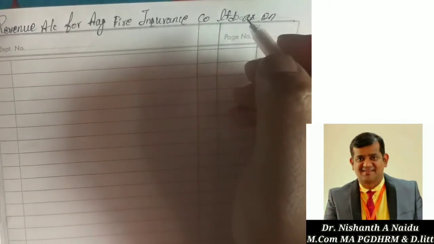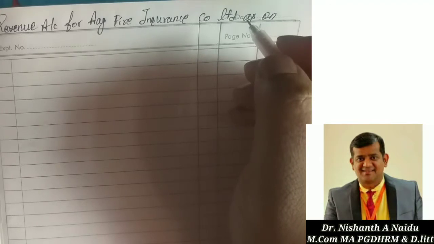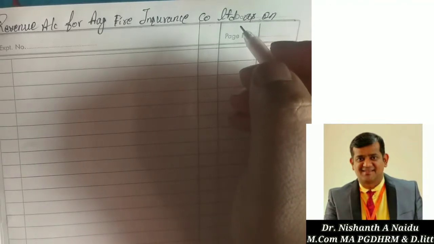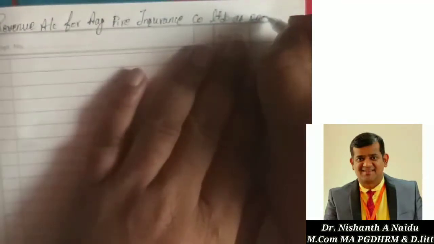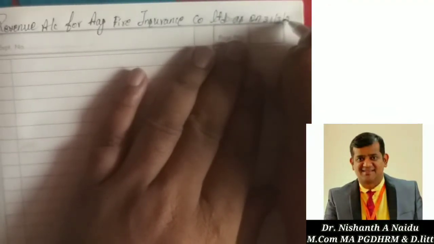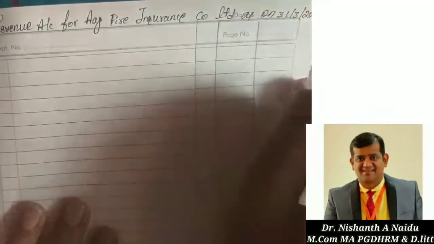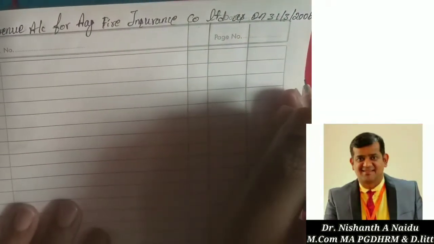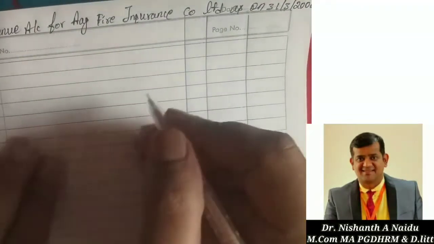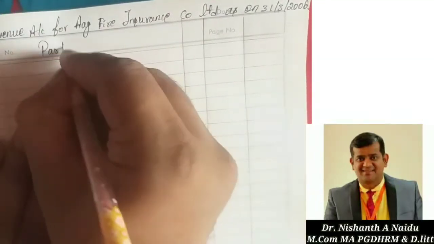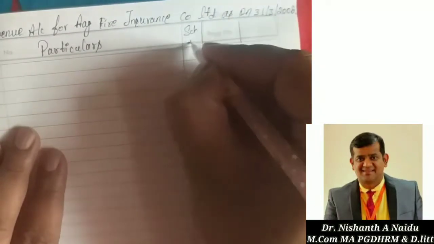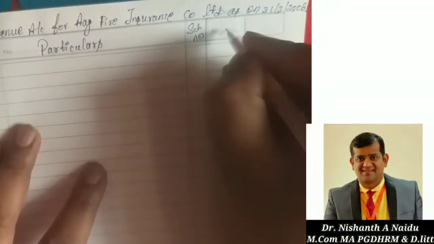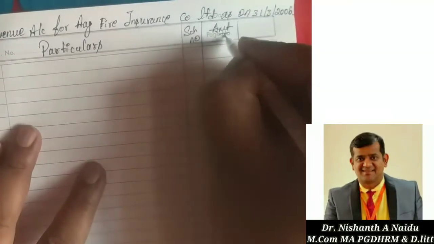As on that date, that is 31st March 2006. Now give the headings: particulars, schedule number, since it is only fire insurance, and amount in rupees.